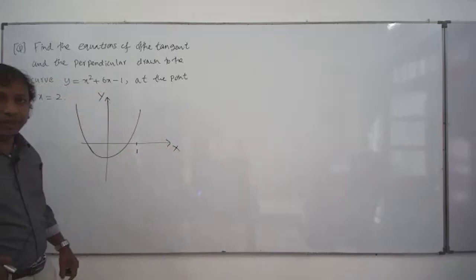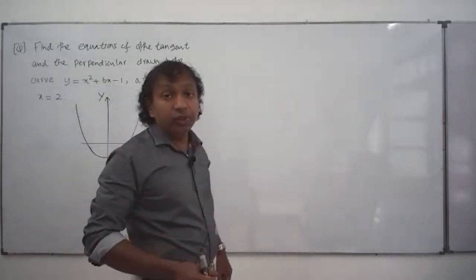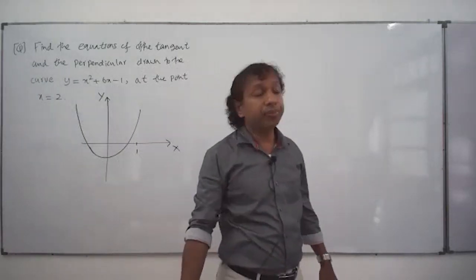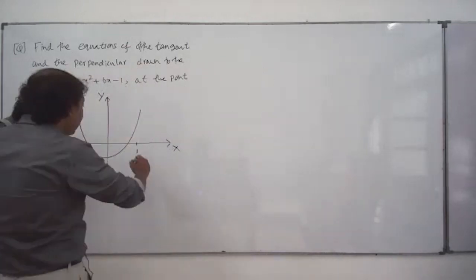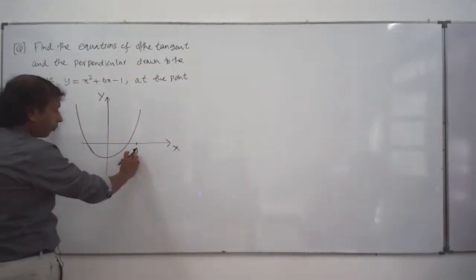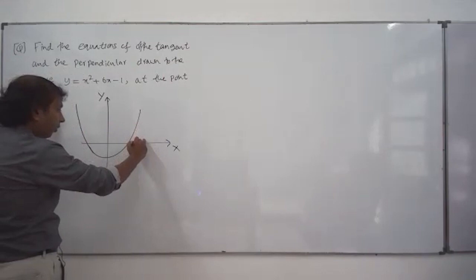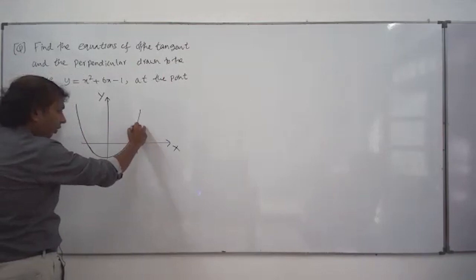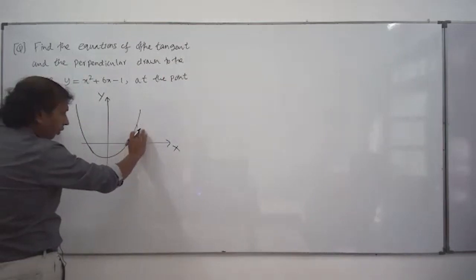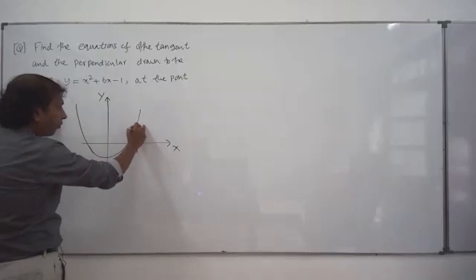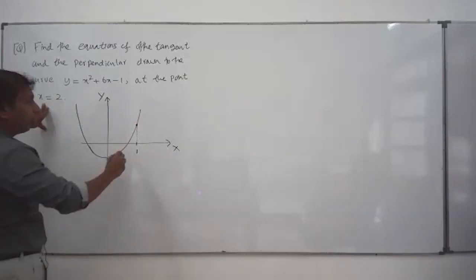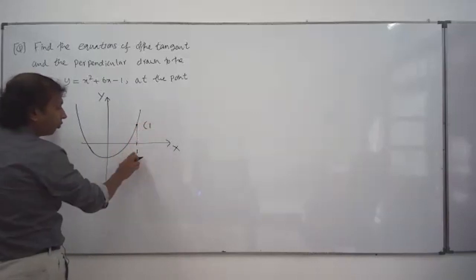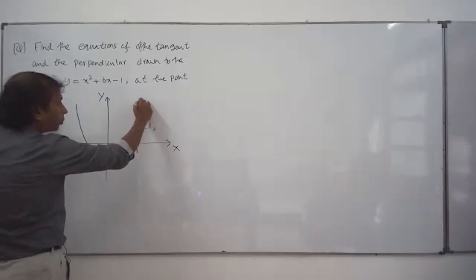When I draw a vertical line through x equals 1 to meet this graph, that point has the x coordinate 1.